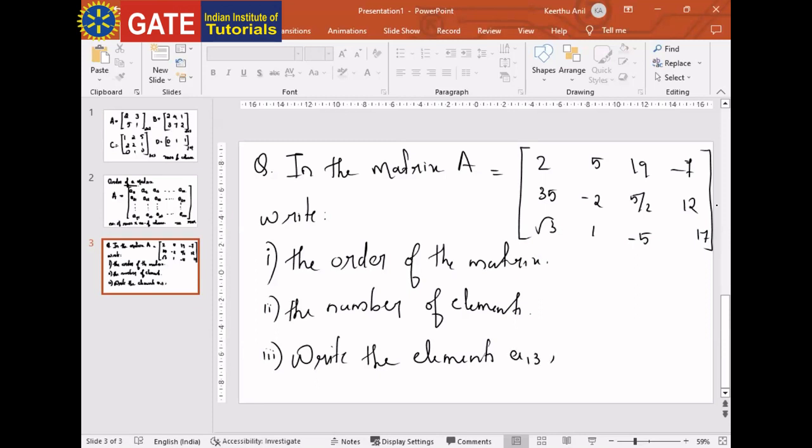A13, A21, A33, A24, A23. Can you see? Right, make it larger.